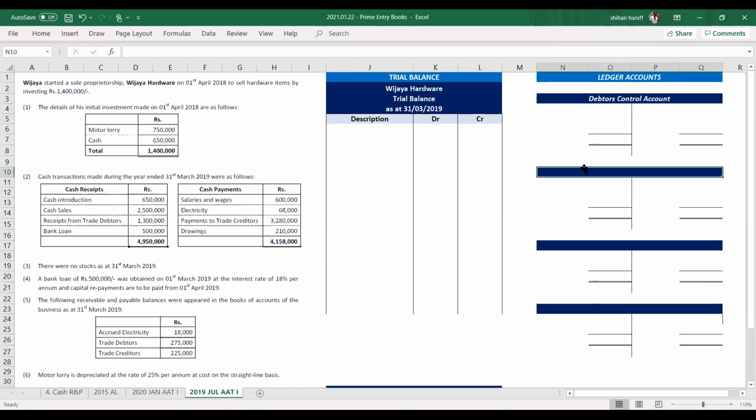Debtors control account, creditors control account, electricity expense account, cash control account.